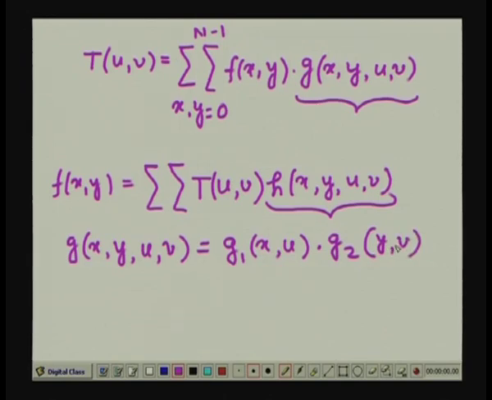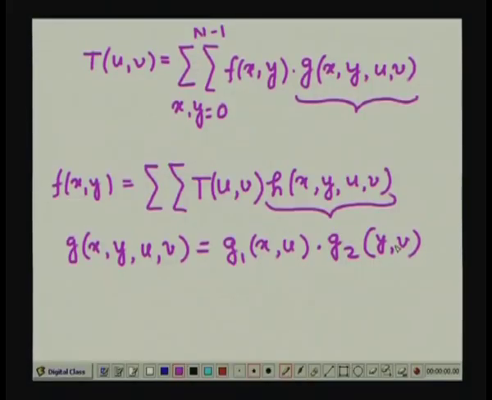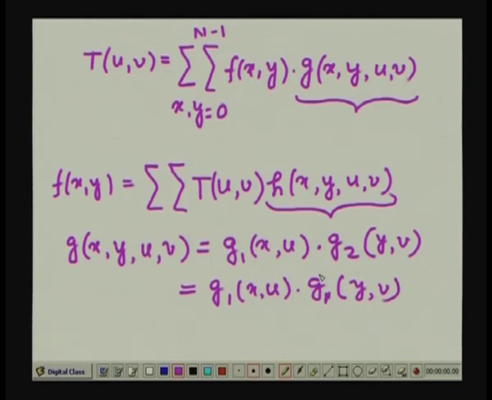So, if g(x,y,u,v) can be written in the form g1(x,u) into g2(y,v), then this transformation will be a separable transformation. Moreover, if g1 and g2 are functionally the same, that means if I can write this as g1(x,u) into g1(y,v), that is, I am assuming g1 and g2 to be functionally the same.